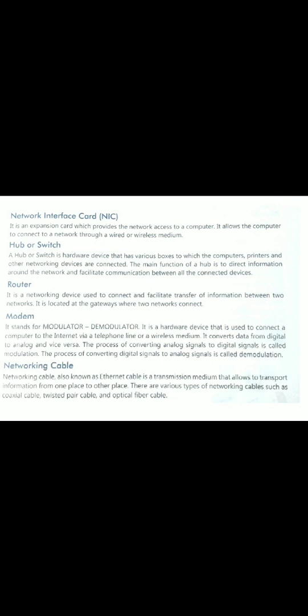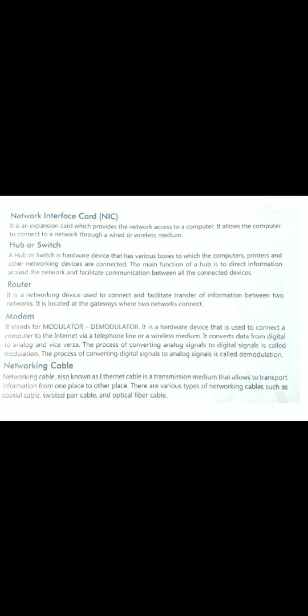The next one, hub or switch. A hub or switch is a hardware device that has various ports to which the computer, printer, and other networking devices are connected. The main function of a hub is to direct information around the network and facilitate communication between all the connected devices.